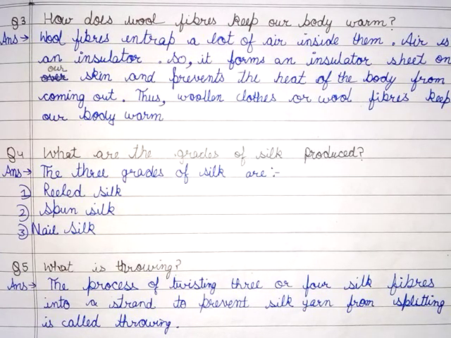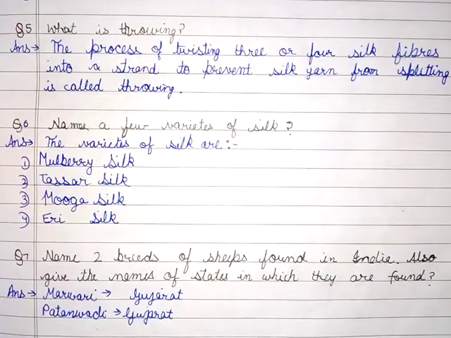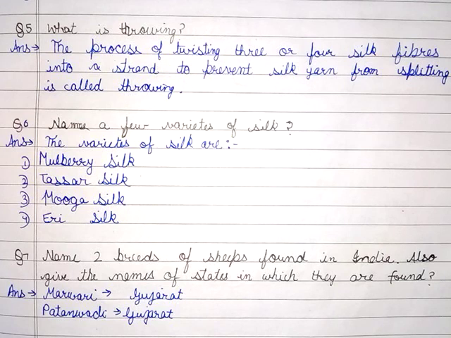The process of twisting 3 or 4 silk fibers into a strand to prevent silk yarn from splitting is called throwing. Question number 6. Name a few varieties of silk. The varieties of silk are mulberry silk, tassar silk, muga silk and eri silk.